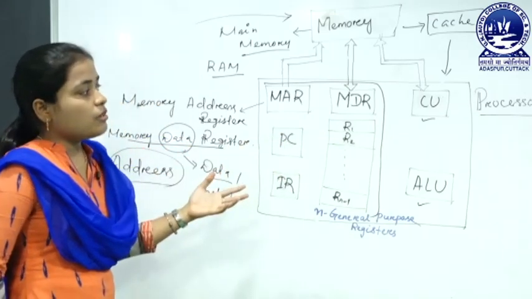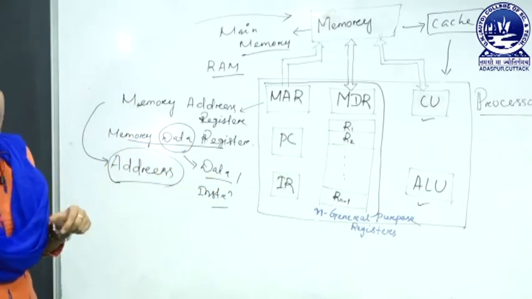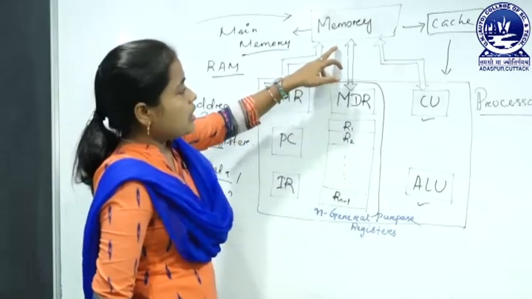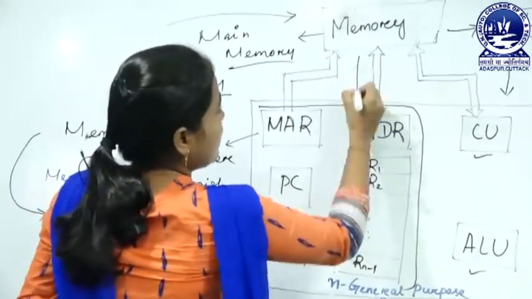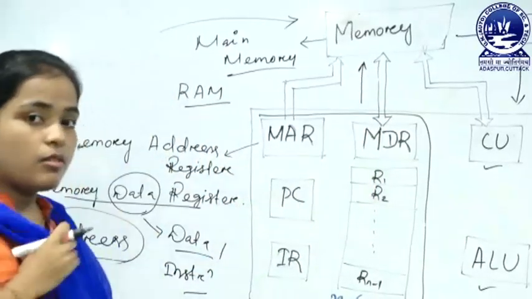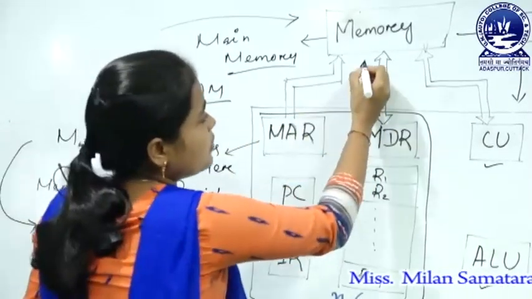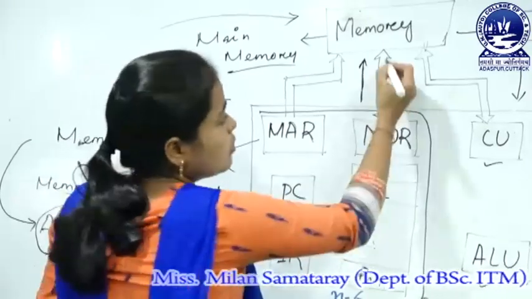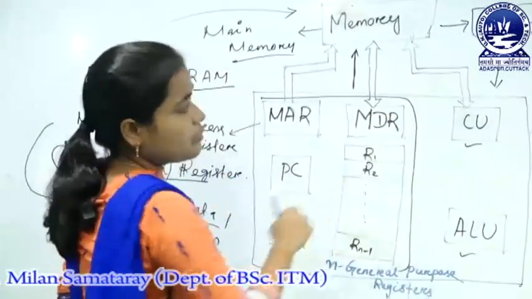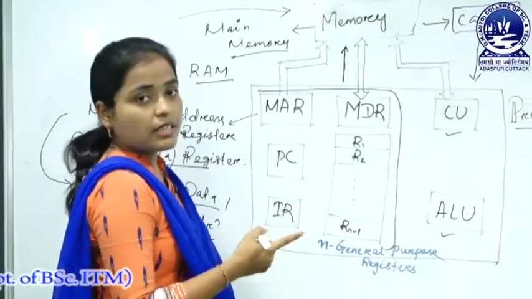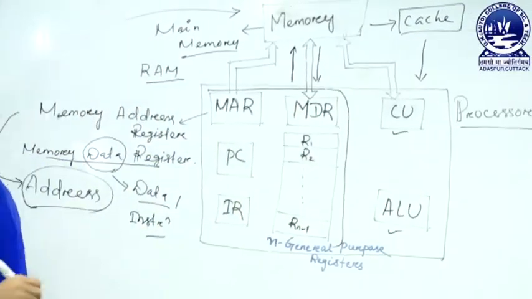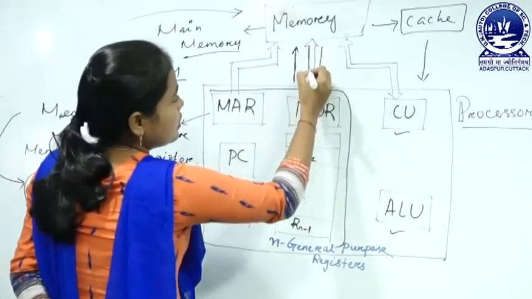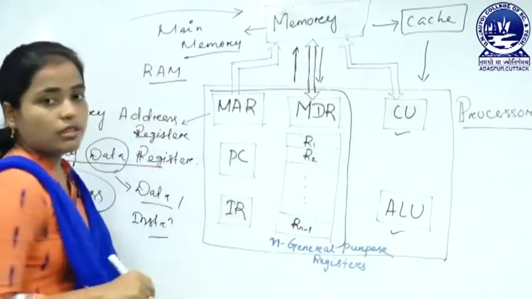If the processor wants to fetch some data from the memory, first it gives the request, then the memory provides the requested data to the processor. That is why this connection is in both directions.